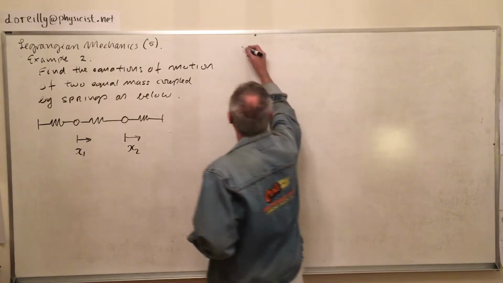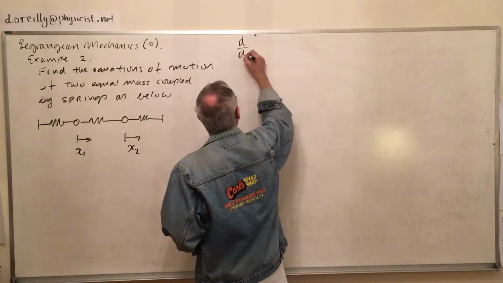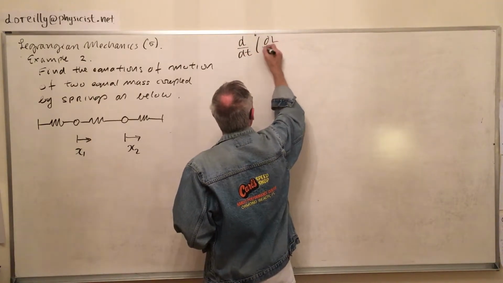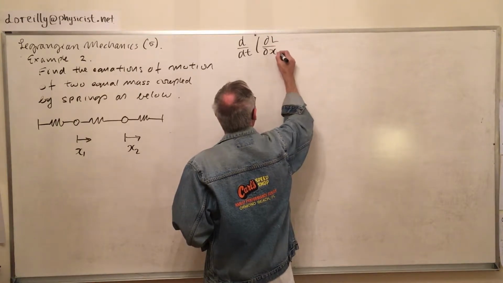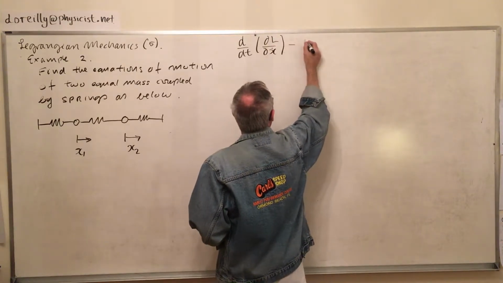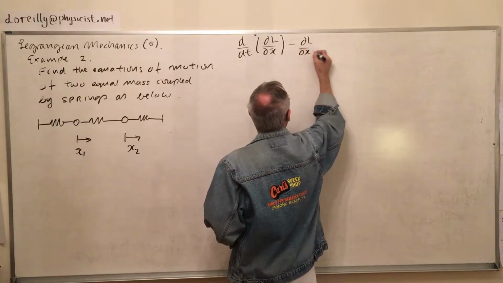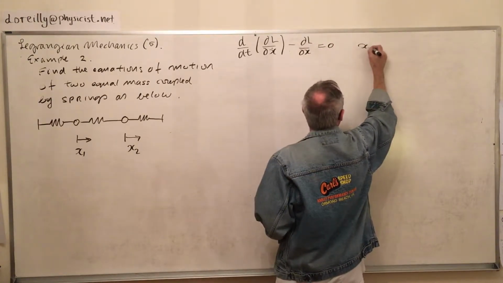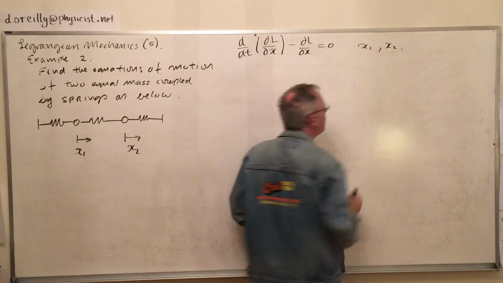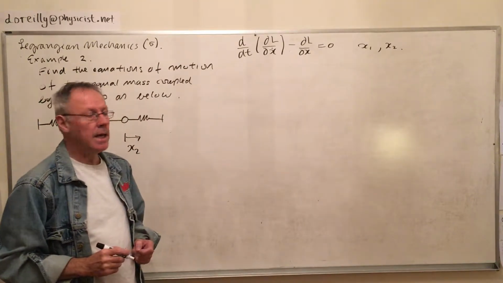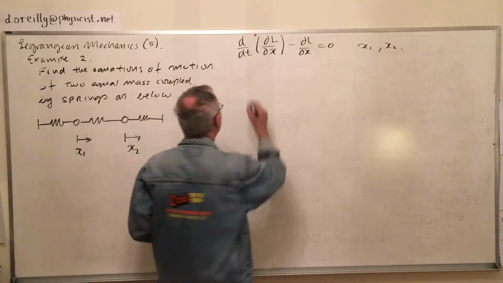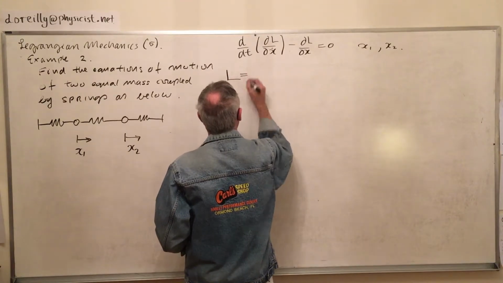So we want to apply Lagrange's equation for coordinates x1 and x2. We'll do this part first, but first of all we need to write down what the L is.